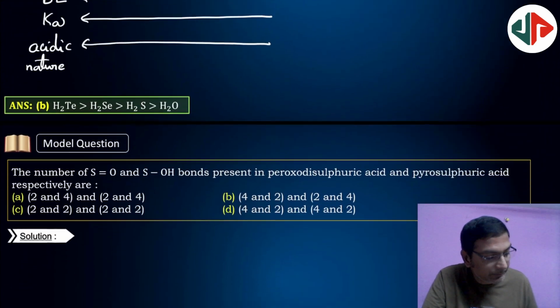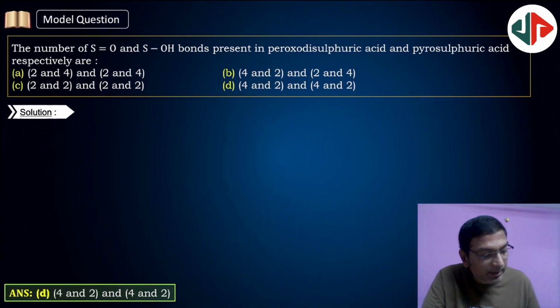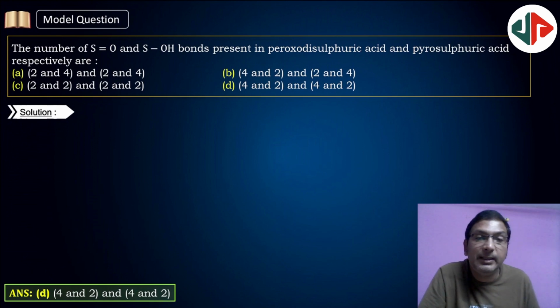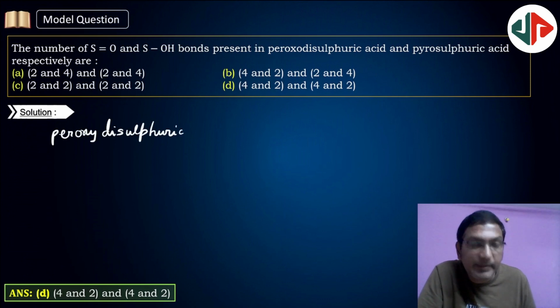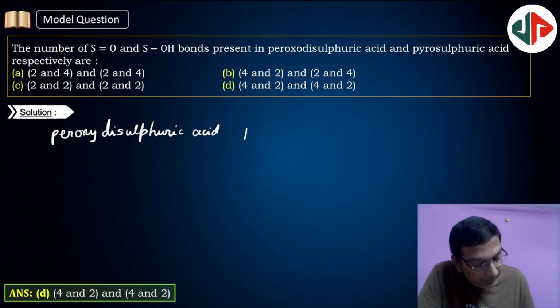Next. The number of S double bond O's and S-OH bonds present in peroxy disulfuric acid and pyrosulfuric acid.